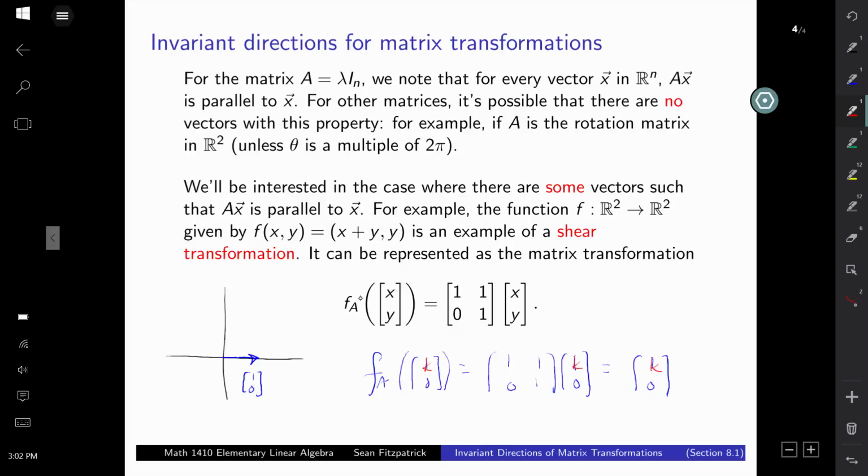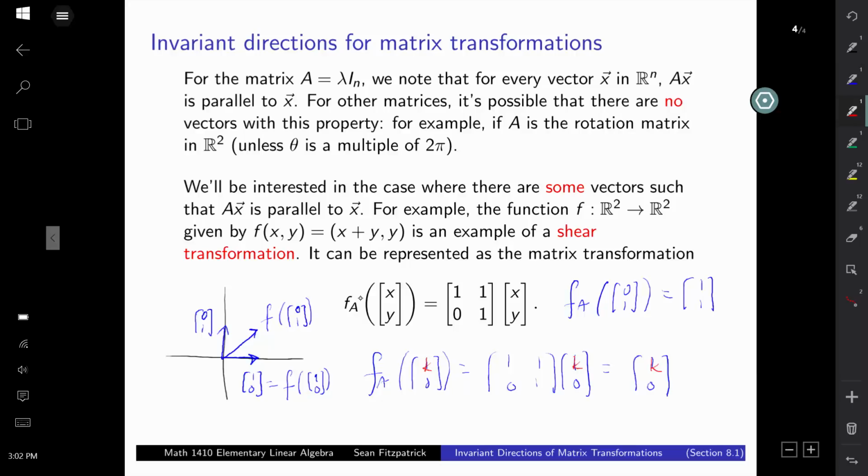On the other hand, if I put in the vector (0, 1), you can check what you get. Well, you get (1, 1). So this vector ends up there, but (0, 1) gets sent to this guy, which is definitely not parallel to what you put in.